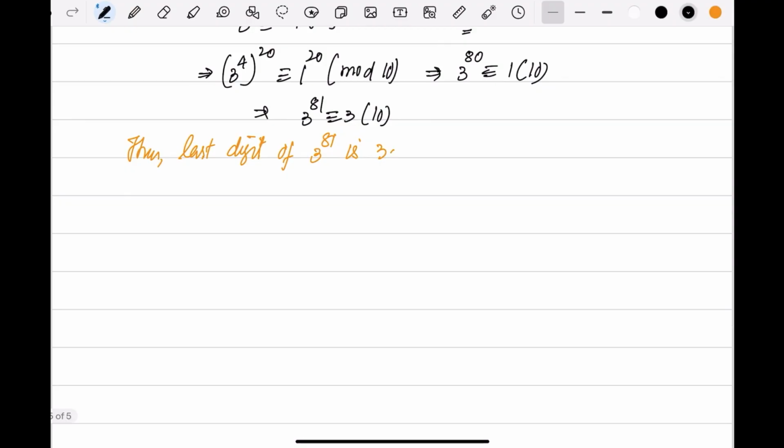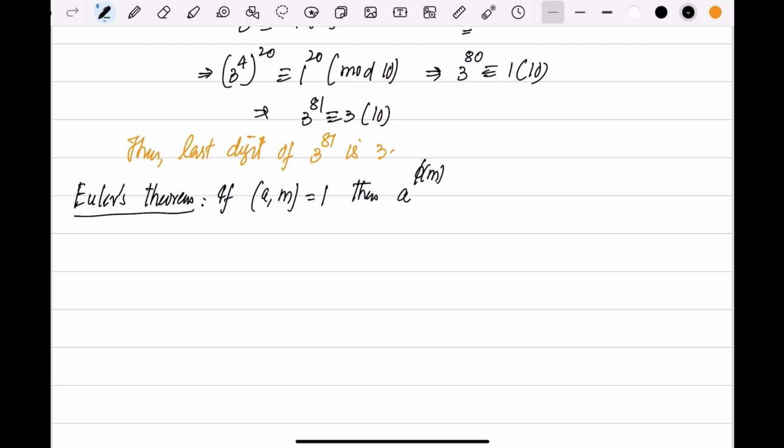Now we will take a generalized version of Fermat's theorem, which we call Euler's theorem. Euler's theorem states that if a and m are relatively prime, then a power phi of m is congruent to 1 modulo m. But here we have the condition that a and m must be relatively prime.